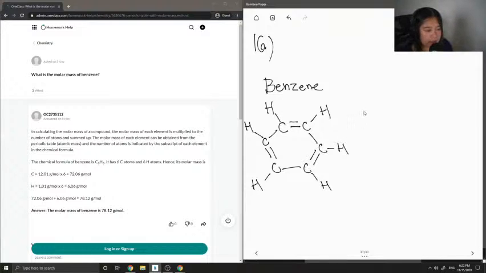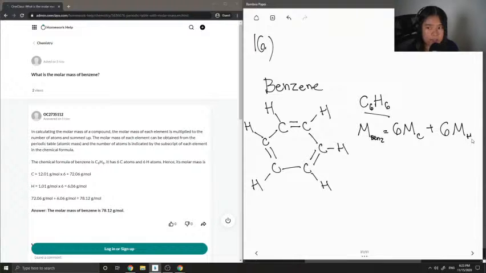Okay, so let's count out the carbons. There are 6 carbons and also 6 hydrogens. So to calculate the molar mass of benzene, it's simply going to be 6 times the molar mass of carbon plus 6 times the molar mass of hydrogen.